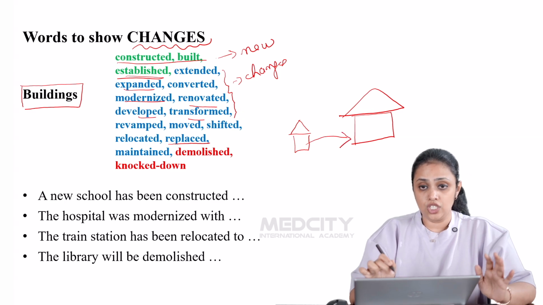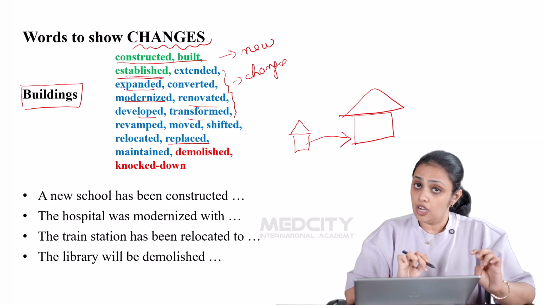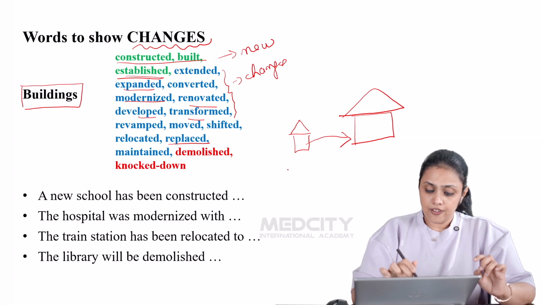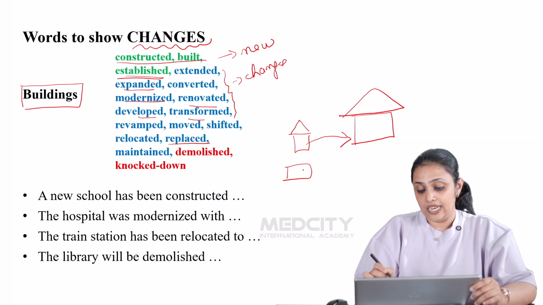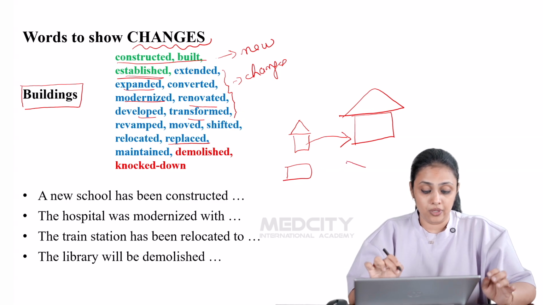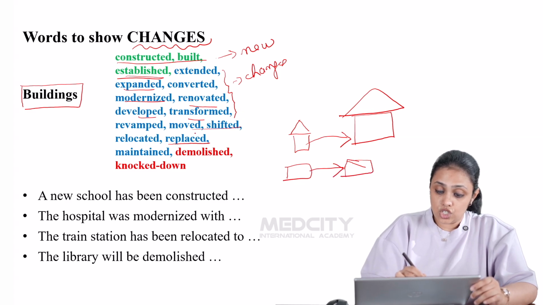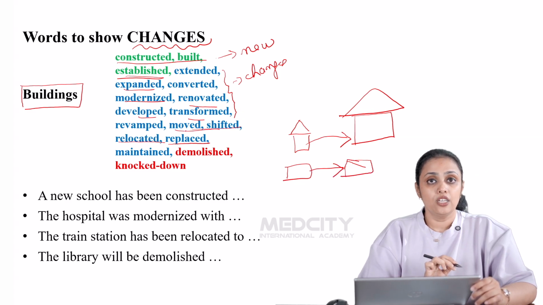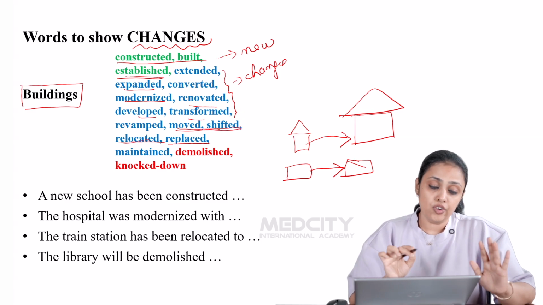So when such changes happen, we say that the school has been replaced by a hospital. Now, if in one map you see the school at this point, and in the next map the school is not there, it's at a different location, then you can use words like moved, shifted, relocated. To show movement, you can use words like moved, shifted, relocated.